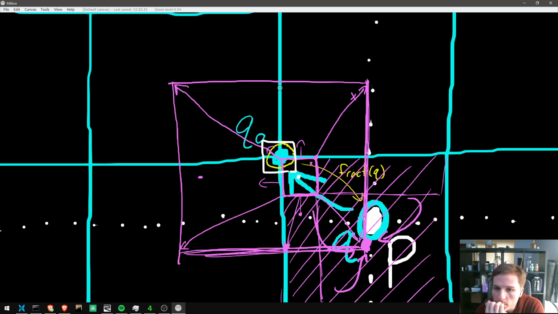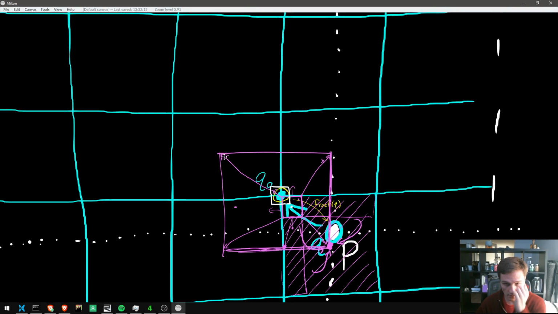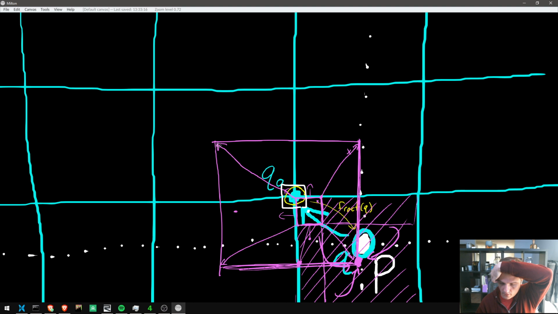And what we want to do is clamp it all the way to here. Basically, if your pixel center is here, 25.5, we divide by 10, we get 2.55, which should round to the integer 3.